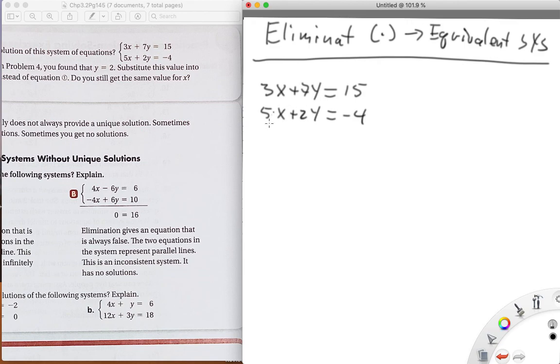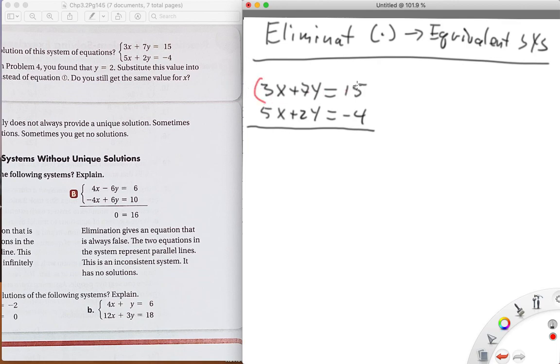I have nothing where I can easily add or subtract something. So what I'm going to have to do is find a common number to multiply by. I could either eliminate the x or eliminate the y. I'm going to choose to eliminate the x.